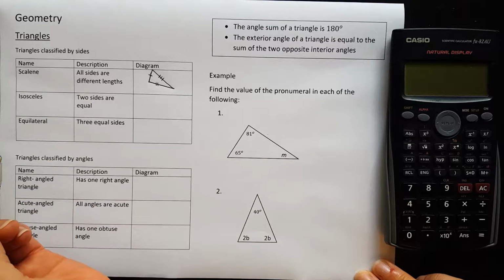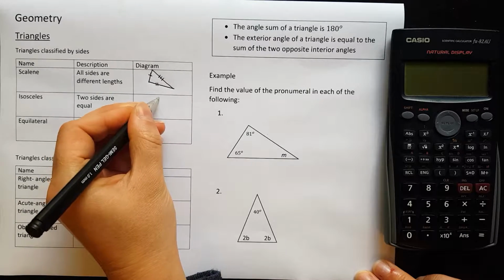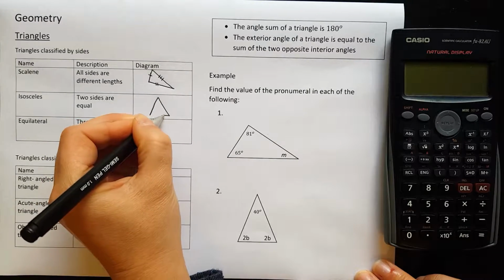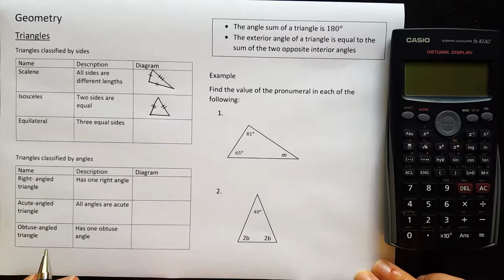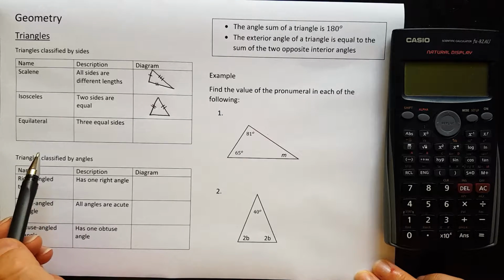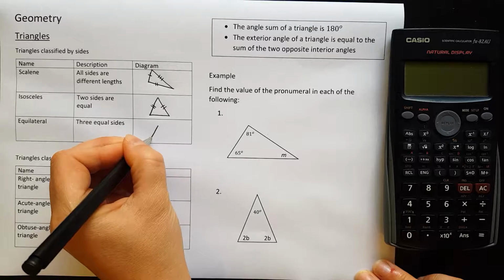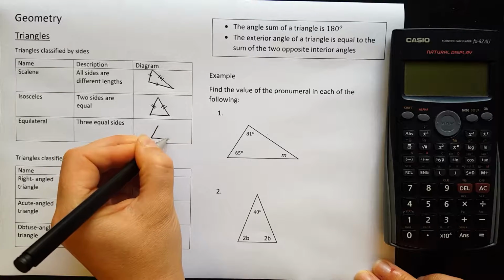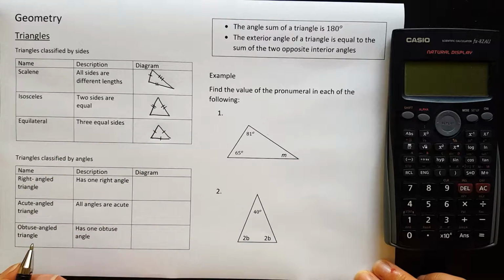Isosceles has two sides equal. So these two would be equal and the third one will be different. And an equilateral triangle has three equal sides. So if I try to draw them, all three sides are equal.